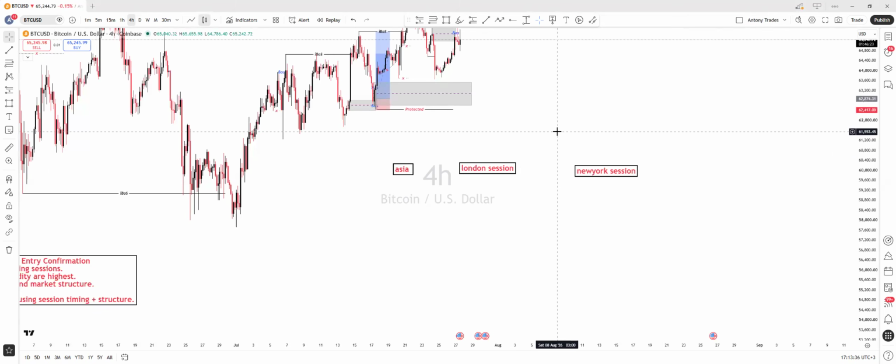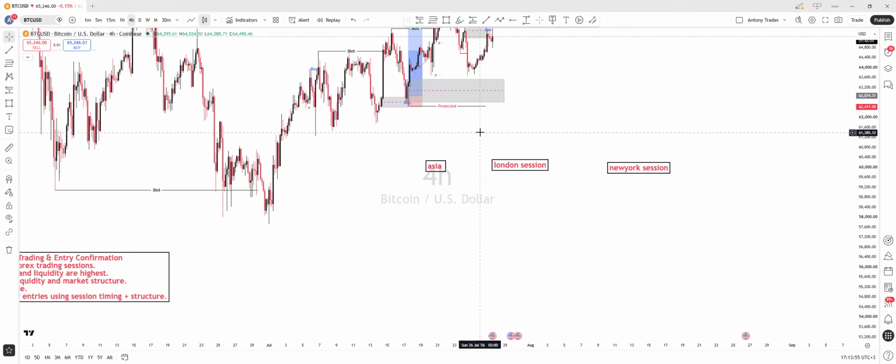Depending on which time of the day you are available for trading, it's up to you to choose which session works better for you and the pairs that you trade. You need to understand which pairs move during each session. If it is gold, as I said, it moves well during Asia, so you can trade gold during the Asia session.